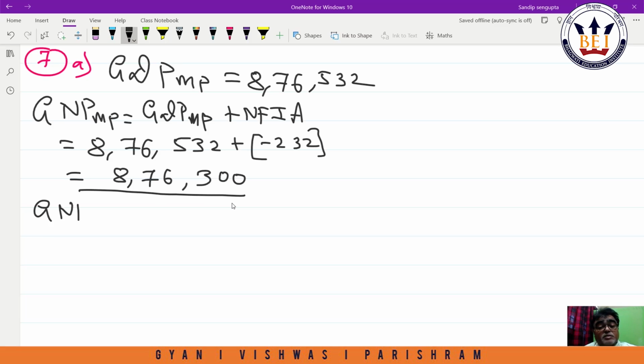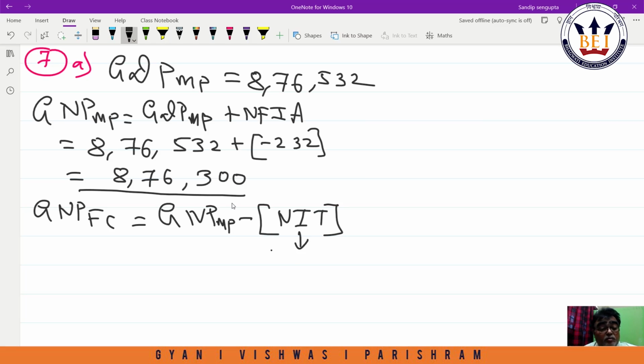Now to find out GNPFC. Acha beta, how do we find GNPFC? GNPMP minus net indirect tax. So what is net indirect tax? Nothing but indirect tax minus subsidies. I'll put this value.